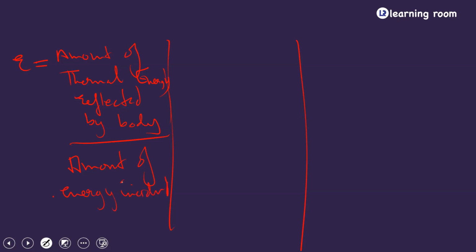On the numerator what will come? The amount of energy which is reflected, and down, the total amount of energy I am giving, that's all.